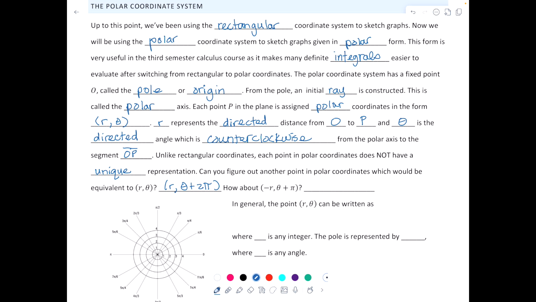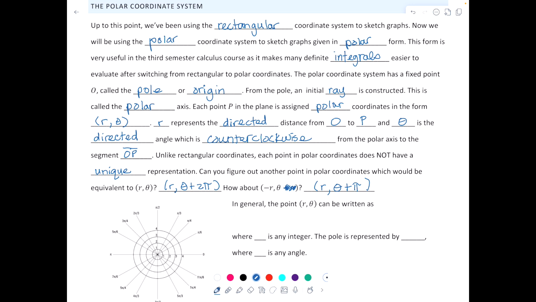Now, I actually meant for this to be (negative r, theta). When you have a negative r, you need to add pi, because r is a directed distance. So when r is negative, you can rewrite this by adding pi to theta, and then you get in the right spot.